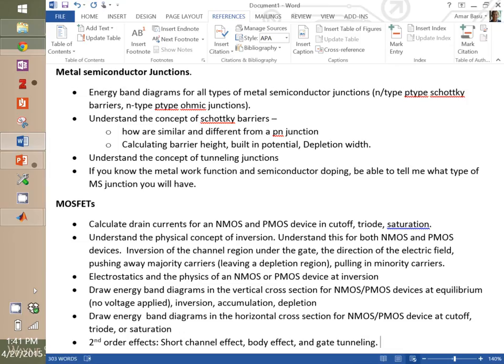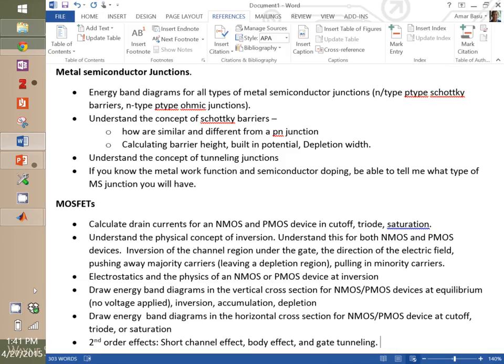The short channel effect can cause a change in the threshold voltage through something called drain-induced barrier lowering. It also reduces the length of the channel, which increases the current in saturation. So the early effect that you learned about in Electronics 1 is caused by the short channel effect, short channel modulation.